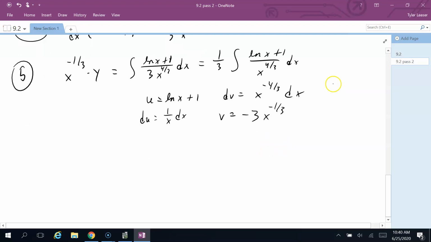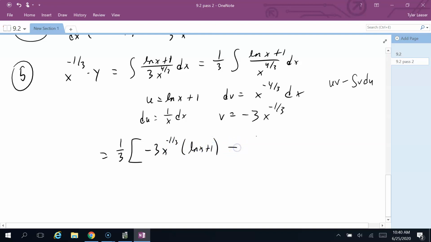All right, and then remember that integration by parts is uv minus integral v du. We have to be a little bit careful here because we did have this 1/3 out in front. So that 1/3 is still in front, and then it's u times v. I'll write that as negative 3x to the negative 1/3 times that natural log x plus 1.